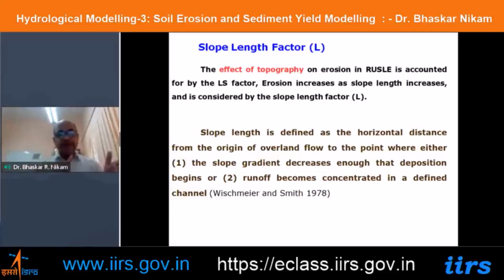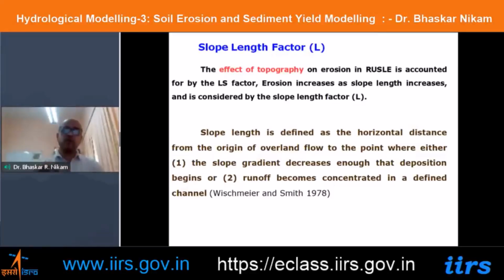Where the slope gradient decreases enough that deposition begins, so the horizontal distance between the ridge point and the point where the slope is so gentle, or the point where runoff becomes concentrated into a definite channel. So from the ridge to the start of the channel, the horizontal distance is the slope length.